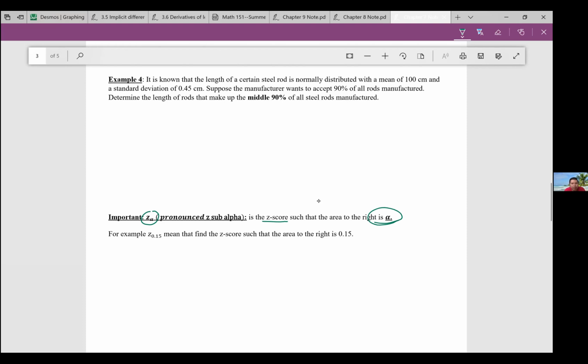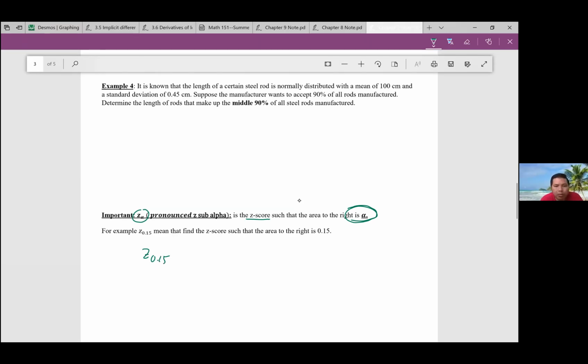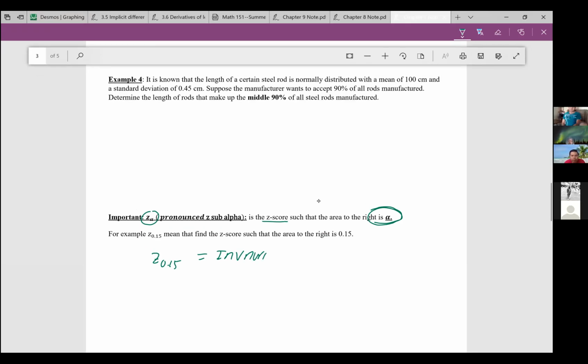So z of 0.15 equals inverse norm of 1 minus 0.15, comma 0, comma 1, right? Remember that from yesterday's lesson. That's how you find z of alpha: inverse norm of 1 minus alpha, comma 0, comma 1.